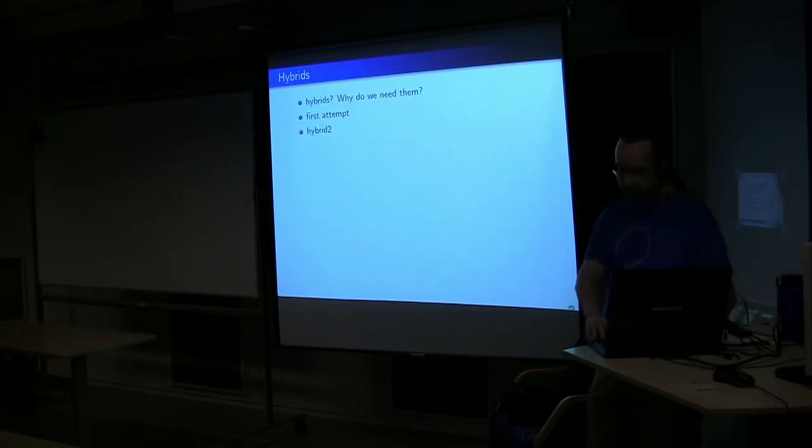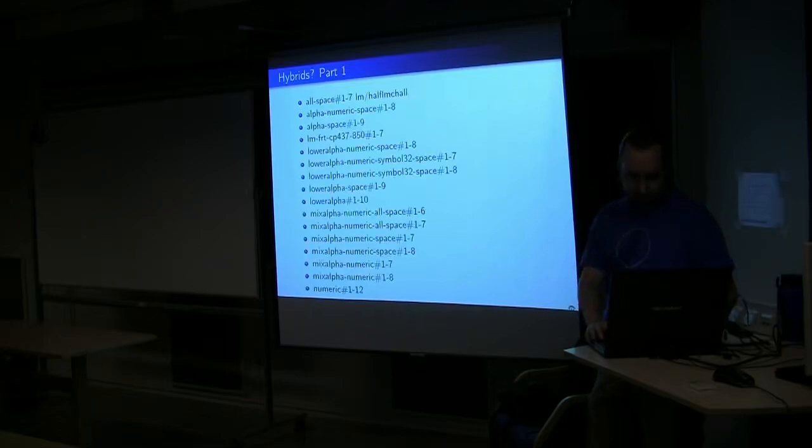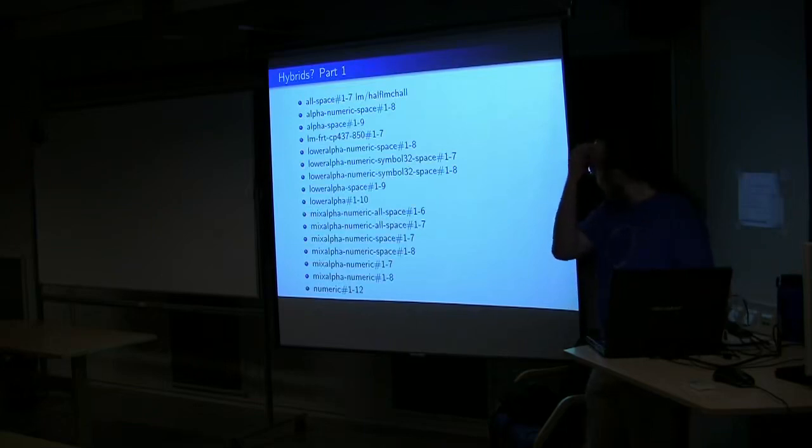All right, hybrids. Why do we need them? Why is it taking us so long? And what's hybrid 2? So we've generated a few key spaces of rainbow tables. This is a sampling. Pretty much almost all of these sets exist for both MD5 and NTLM.